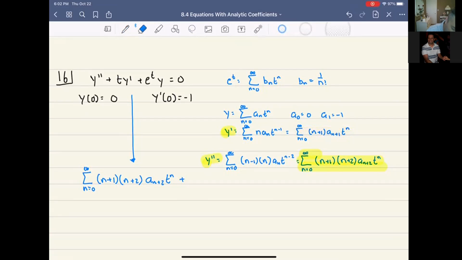Why did I do that? Wasted my time. So I'm going to use this one. Why? Because of this t shifting everything. So I'm going to have plus sum n equals 0 to infinity n a sub n. Now normally this would be t to the n minus 1, but since I have a t, I'm just going to use t to the n.